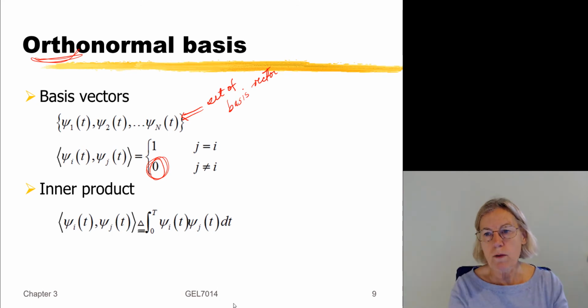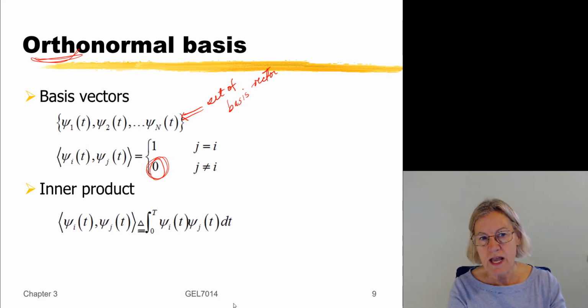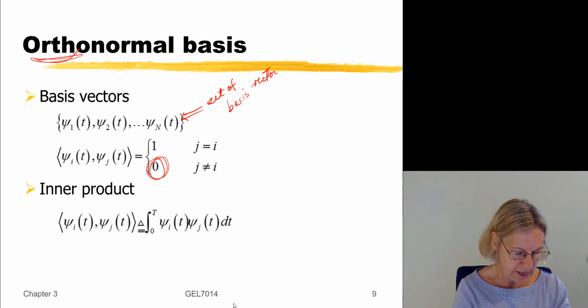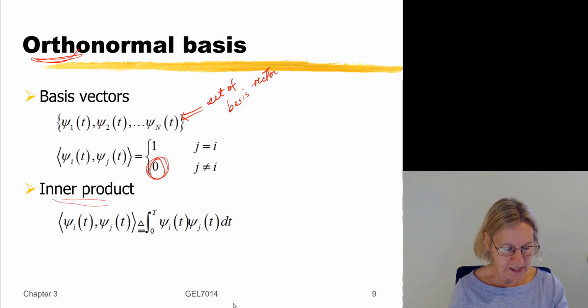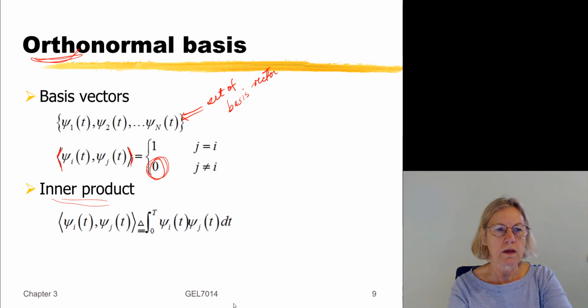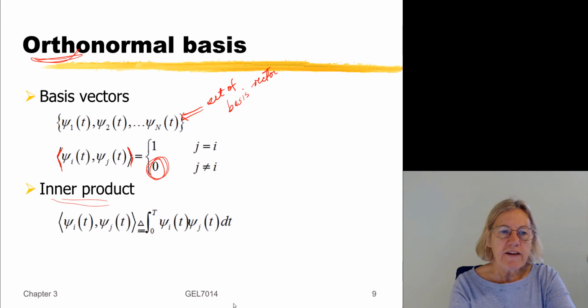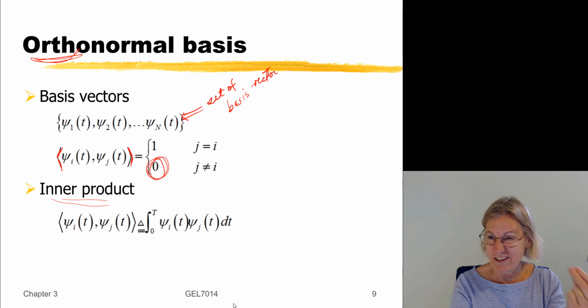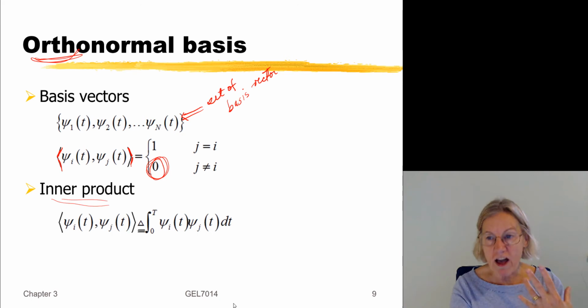Then I want orthonormal basis vectors, and for those I have particular properties, and that has to do with the inner product. The inner product is represented by this notation of the 2 angled brackets. If I take the inner product of any 2 basis vectors i and j, and these 2 vectors are distinct, they're not the same vector, and they give me 0, that means they're orthogonal to one another.